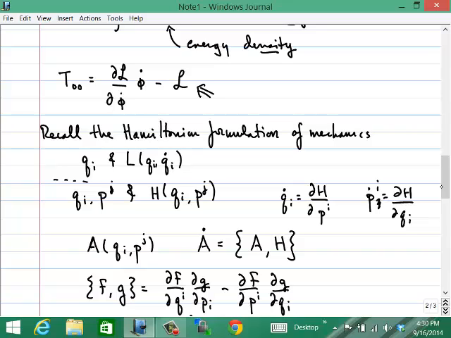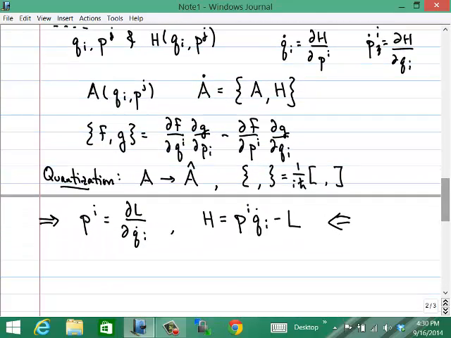All we do here, in particular, the Hamiltonian formulation of classical field theory is exactly the same as the Hamiltonian formulation of standard classical mechanics, except that in field theory, the q_i are replaced by some φ(x).